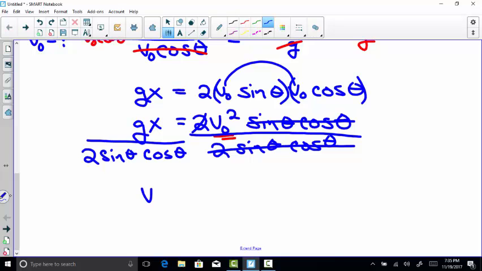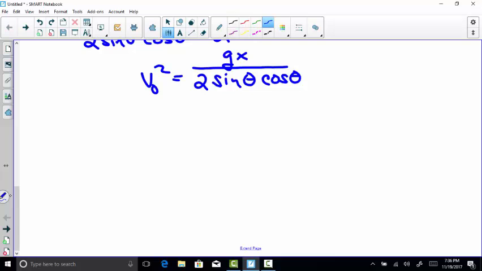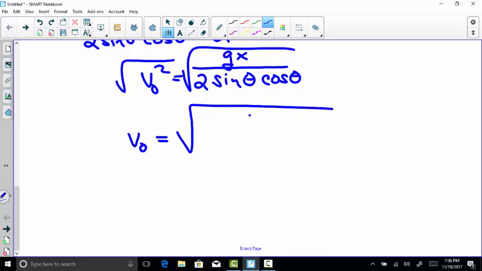So what I have left is v initial squared equals gx divided by 2 sine theta cosine theta. Then, since I want v initial by itself, I have to take the square root of both sides. So the initial velocity is the square root of gx divided by 2 sine theta cosine theta.